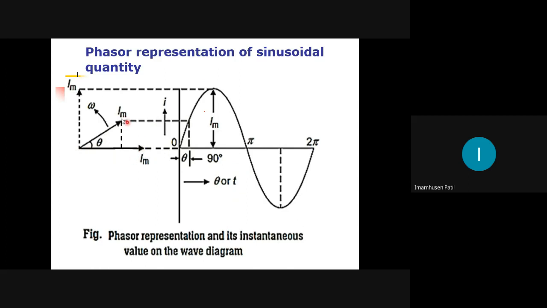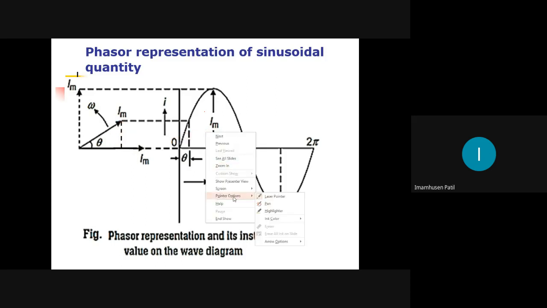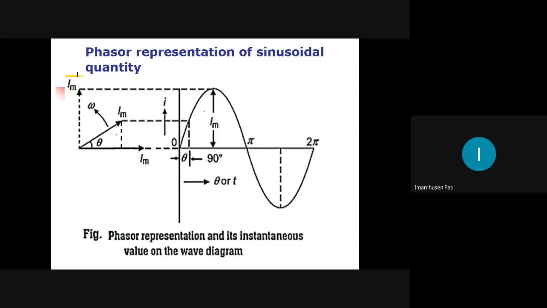I will rotate this vector in this direction, omega, by angle theta degree. The vertical distance is representing the magnitude. You can see this distance and this distance are both the same. So by projecting this vector vertically, you will get the actual magnitude.